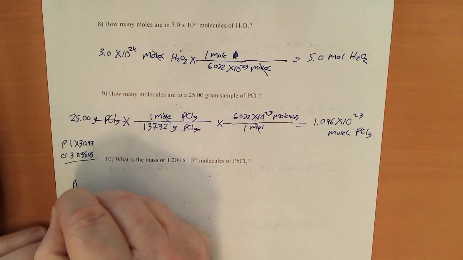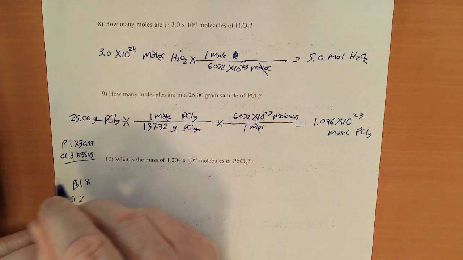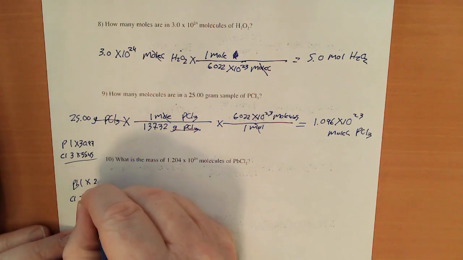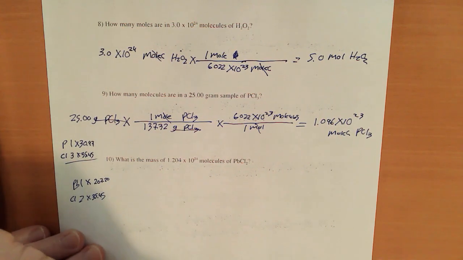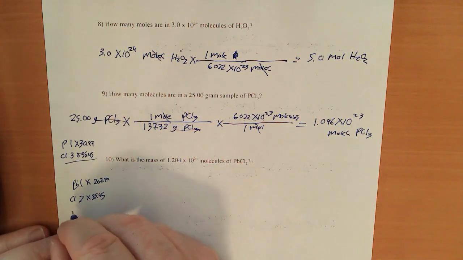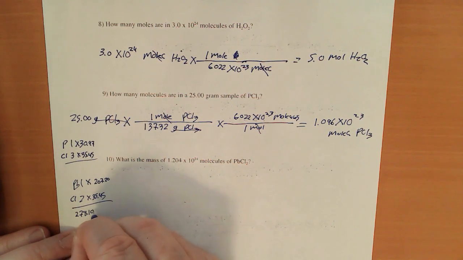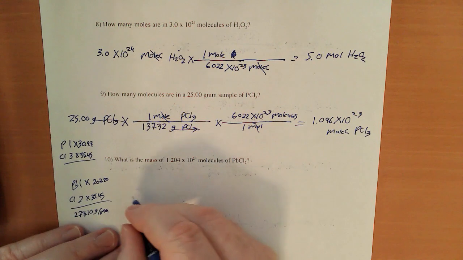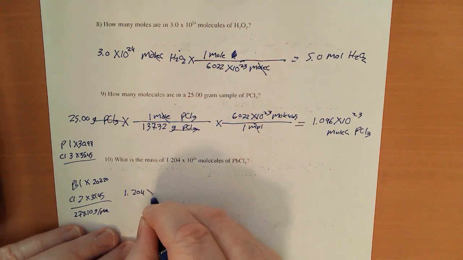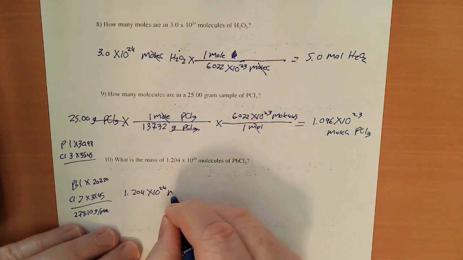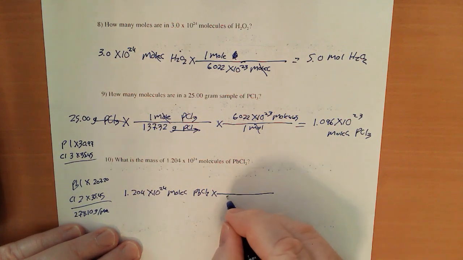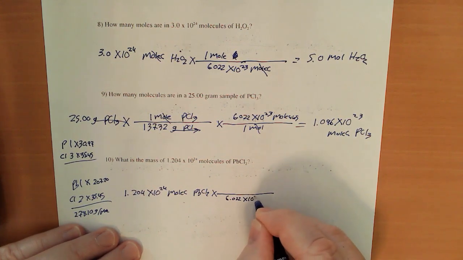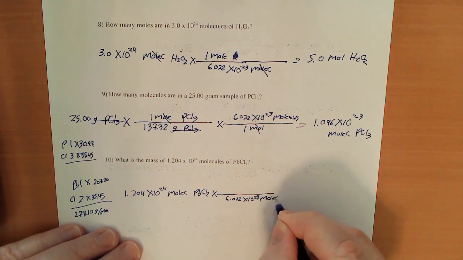Now, PbCl2, I don't know that one off the top of my head. Lead comes in at 207.20. Chlorine at 35.45. And I'm getting 278.10 grams per mole. Okay. So if I have 1.204 times 10 to the 24th molecules of PbCl2 times, then I have 6.022 times 10 to the 23rd molecules per 1 mole.